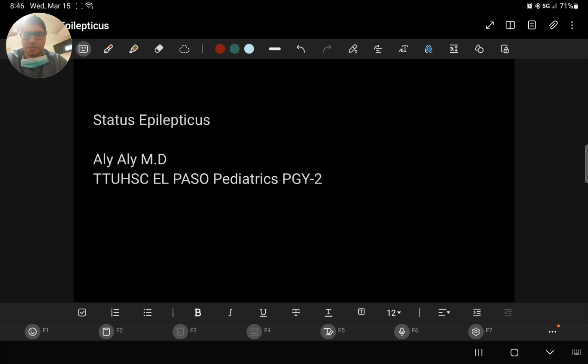algorithms, understanding of seizures. So this lecture is not going to be talking about seizures overall in general. I would like it to be more focused on the prominent things and to build a baseline for understanding seizures. I'd like it to be more of a basic knowledge for seizures and status epilepticus.